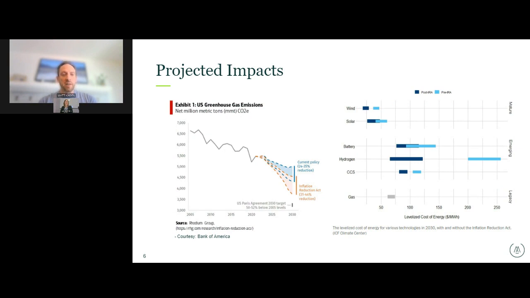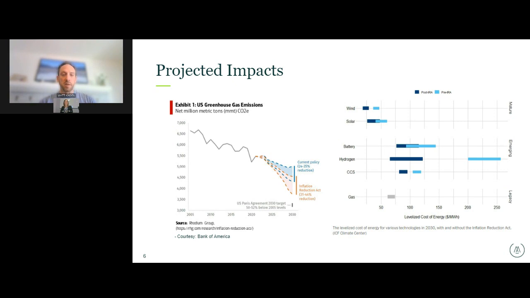So we're not there. We're currently on track with that blue line, the blue shaded region. And then the region below that is the expectation of where we're going to be in 2030 with the Inflation Reduction Act. So basically getting us essentially halfway from where we are currently to the U.S. Paris Agreement target.